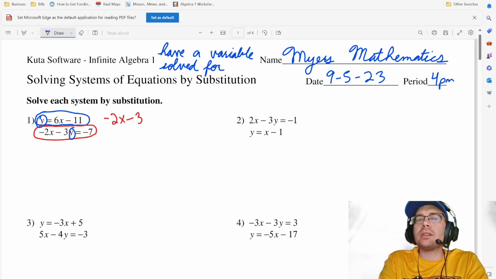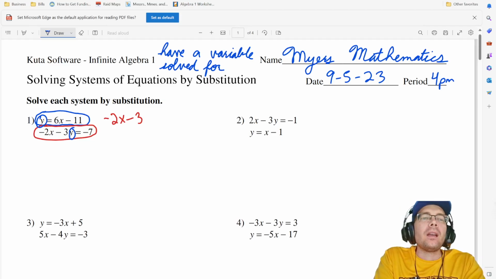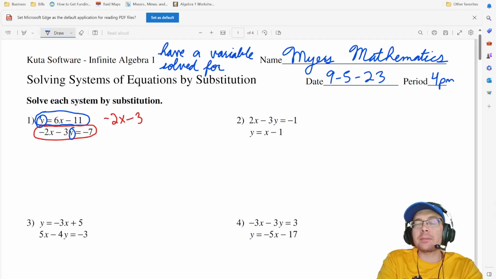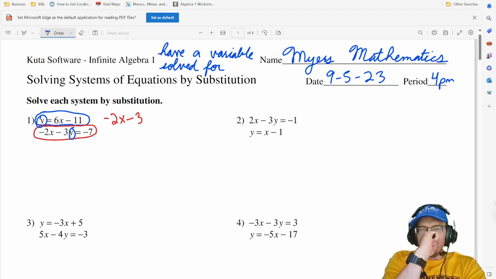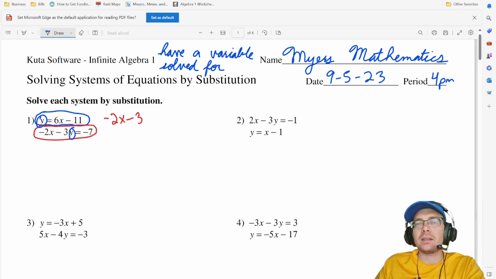You can't use the same letter to mean two different numbers. You're not supposed to. I mean, I guess you could, but it wouldn't be something you would want to do, and you'd probably get marked off for it. You want to use a letter that means the same thing. So whatever y is supposed to be, it's the same.